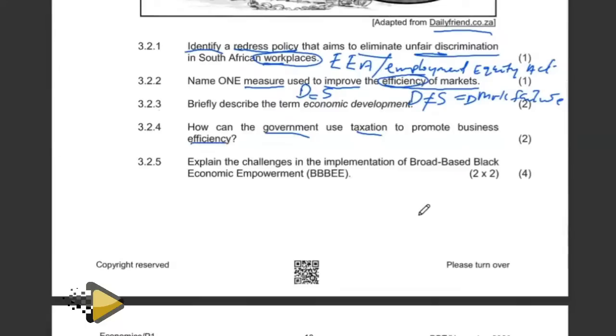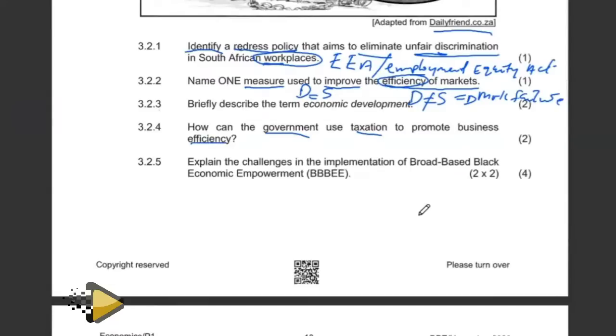Okay, so efficiency, as I explained earlier, grade 12, is where resources are not wasted. So how can the government use taxation to promote business efficiency? Meaning, how can the government use taxation to make sure that businesses don't waste resources?